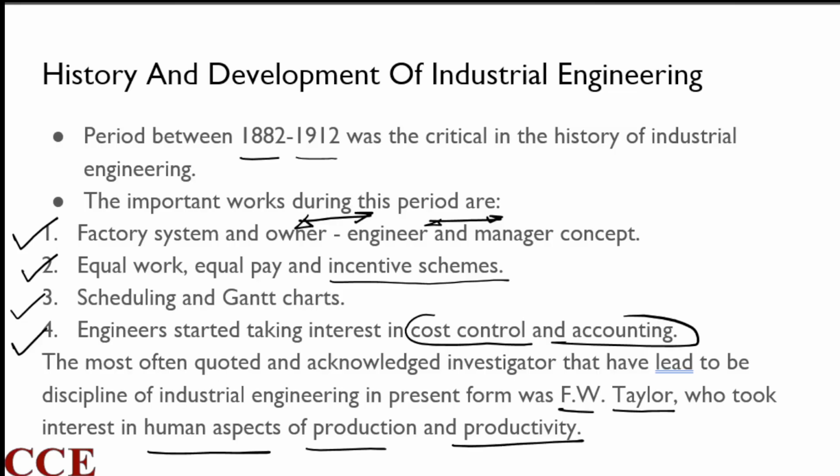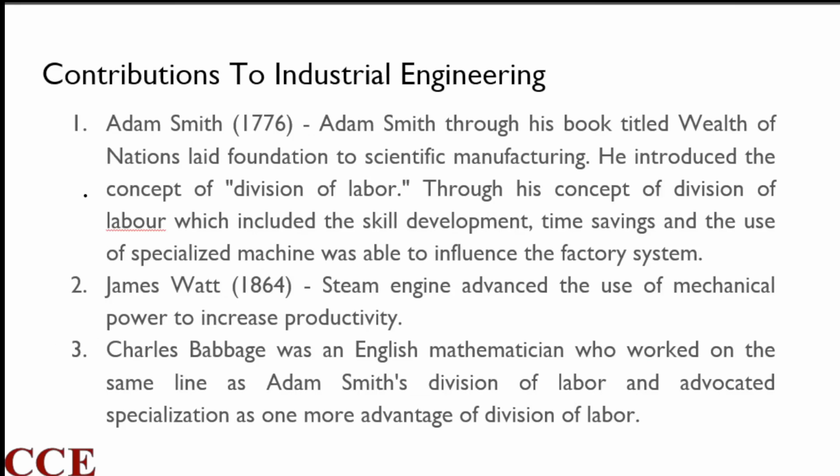The human aspect was missing before the era of Taylor, so he added the human aspect in the production and to find out the productivity. So now we'll talk one by one about the contributions to industrial engineering.